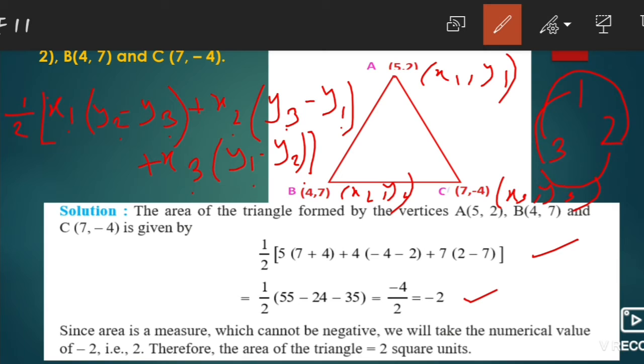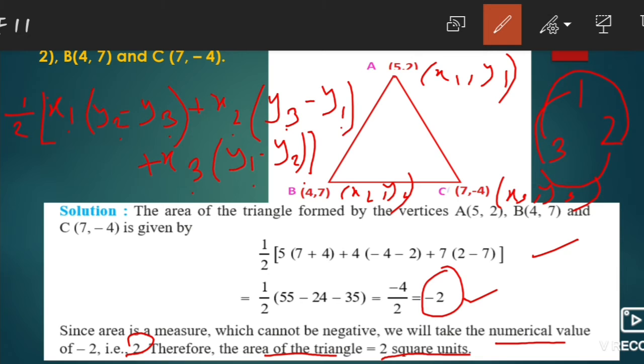Area of a triangle cannot be negative, it is always positive. So whenever a minus value is coming, you will consider only the numerical value. What is the numerical value of minus 2? Only 2. Therefore the area of the triangle will be 2 square unit.